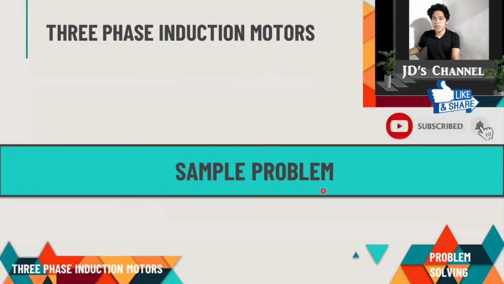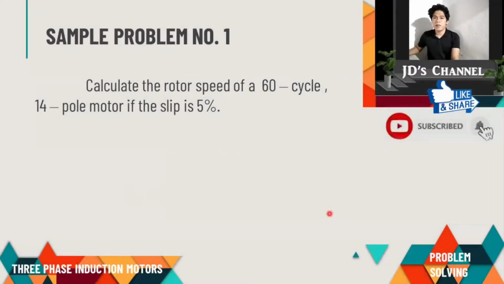Let's now proceed to our sample problem. Sample problem number 1: Calculate the rotor speed of a 60 cycle 14-pole motor if the slip is 5%.